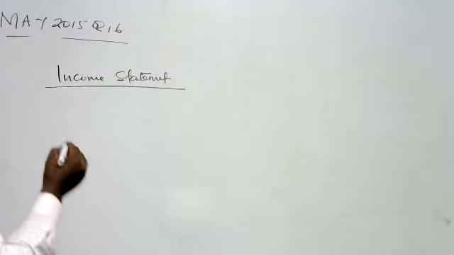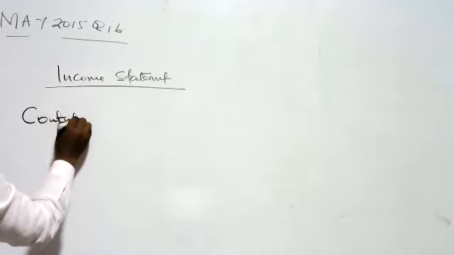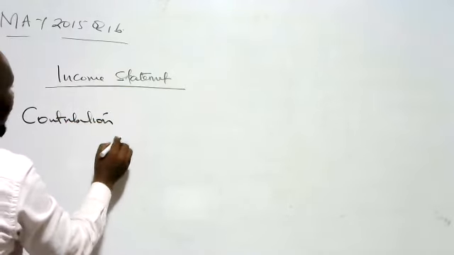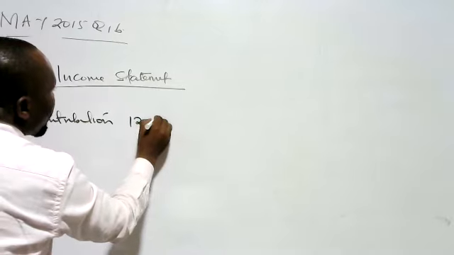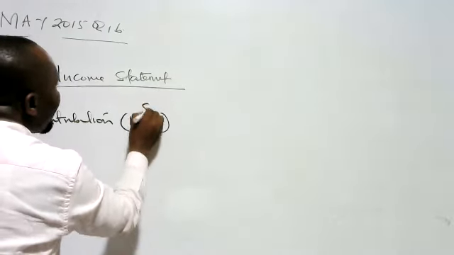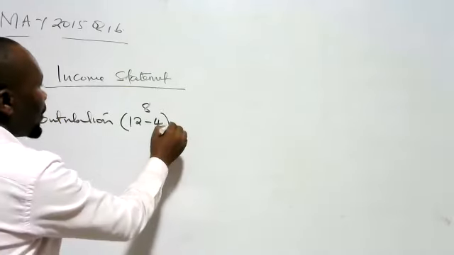So what are we doing? We start with the contribution. There is no need to go to revenue; we will be wasting time. So contribution is just the 12, which is the revenue, minus the variable cost, which is 4. We have there 8. So that 8 times the quantity.